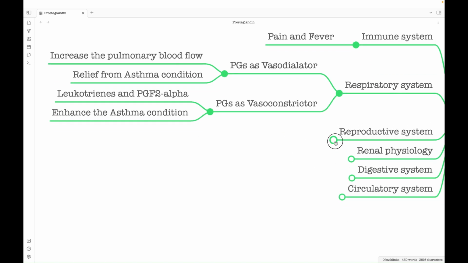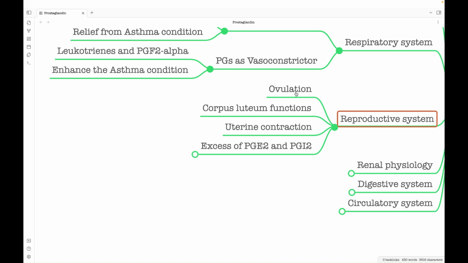Next we have the reproductive system. In the reproductive system, these prostaglandins are very much needed for ovulation, for normal corpus luteum function, and for uterine contraction.